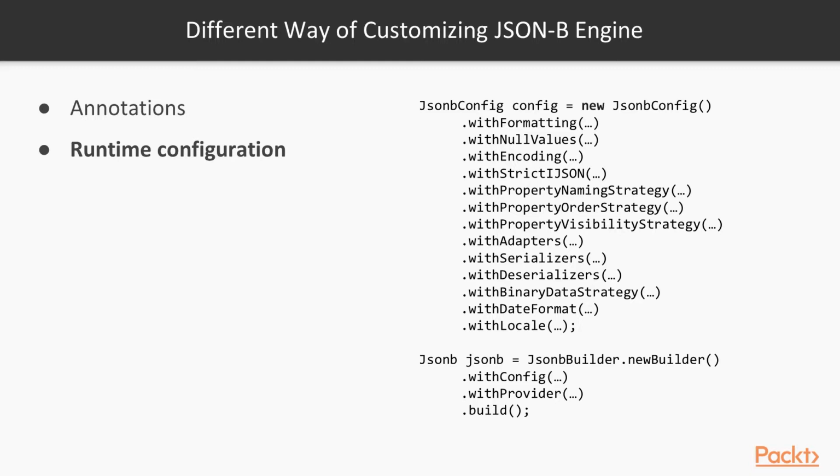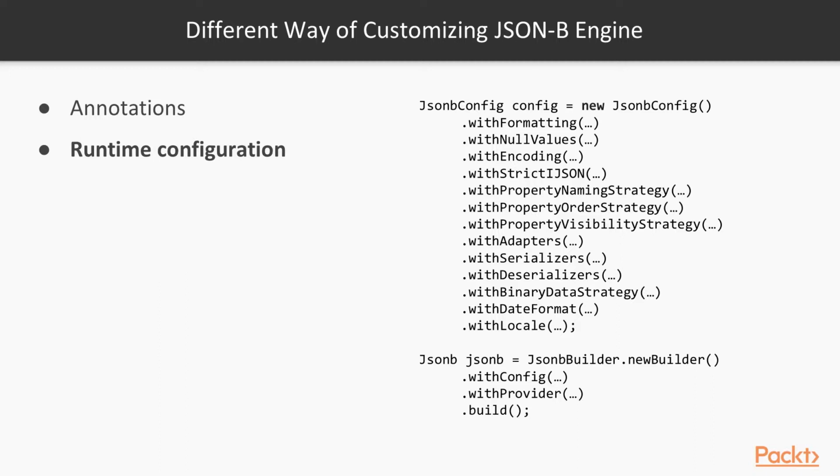JSON-B config is a class used to create your custom configuration in a builder-like way. Here are listed all JSON-B config class methods you can use. Some customizations can be applied only at compile time using annotations, some only at runtime using JSON-B config, some both ways. After you create JSON-B config, you use JSON-B builder to build your custom JSON-B engine.